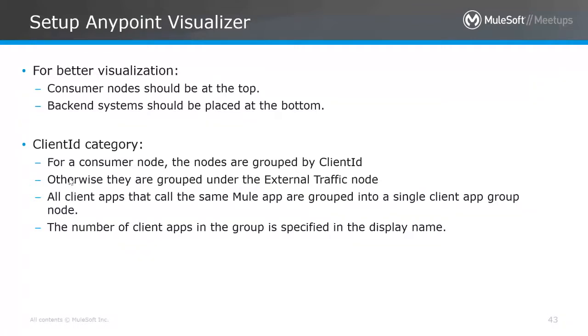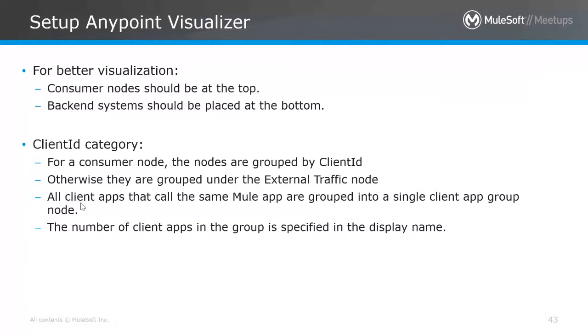For that, it takes advantage of your client ID enforcement, as well as the traffic which is moving from one node to another. So that's what this client ID category means.